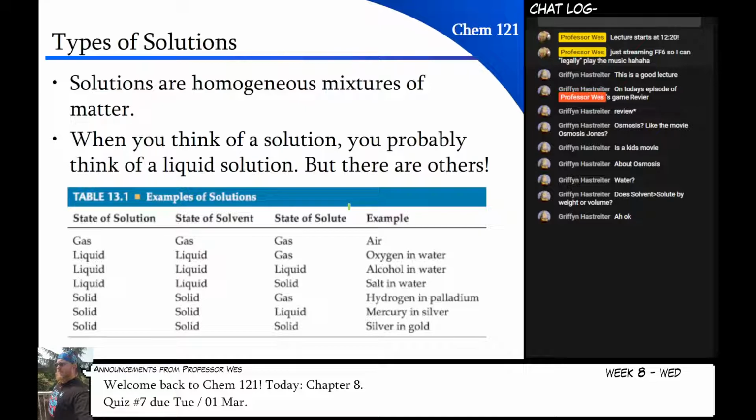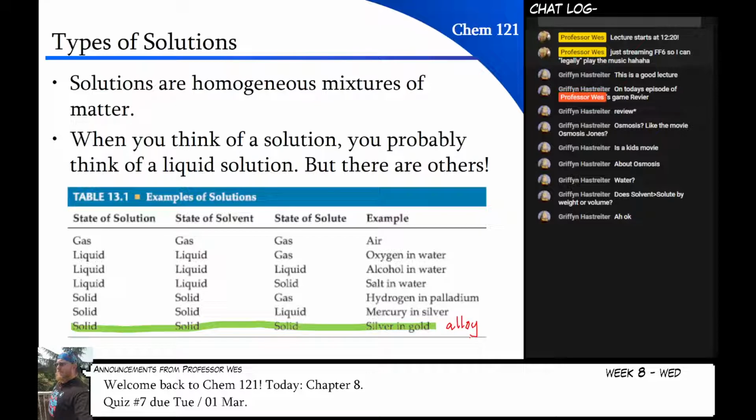Solids are actually very interesting solutions down here. So for example, if I have two solids mixed together, I make a solution. Another term for this, which we also called this earlier on in the quarter, is an alloy. An alloy is a solution of metals.